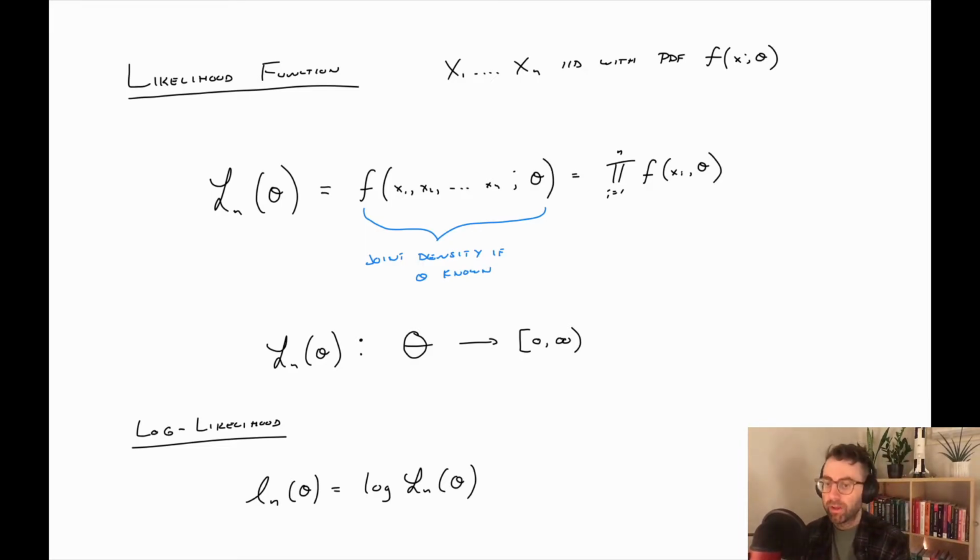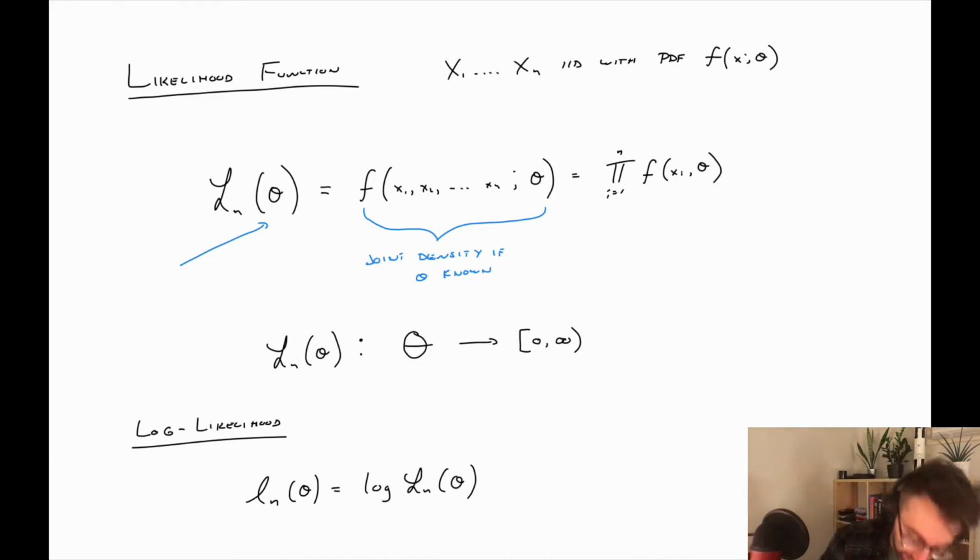But we can only evaluate it as a density if we knew theta and then plugged in the x values. But that's not what we're doing. We're doing the exact opposite of that. We are assuming that the data are observed, so we're going to have all the x values already. It's theta that can vary and that we're trying to find.